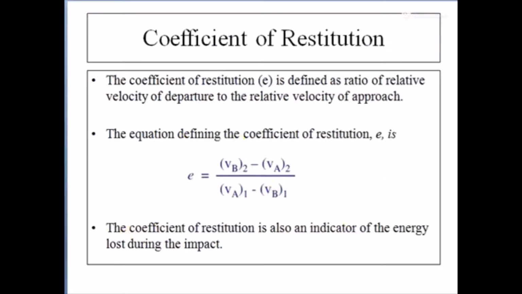So from the equation, we get a complete understanding of what the coefficient of restitution is. This is also an indicator of how much energy is lost during the impact. The value of this symbol e, the coefficient of restitution, always lies between 0 and 1.